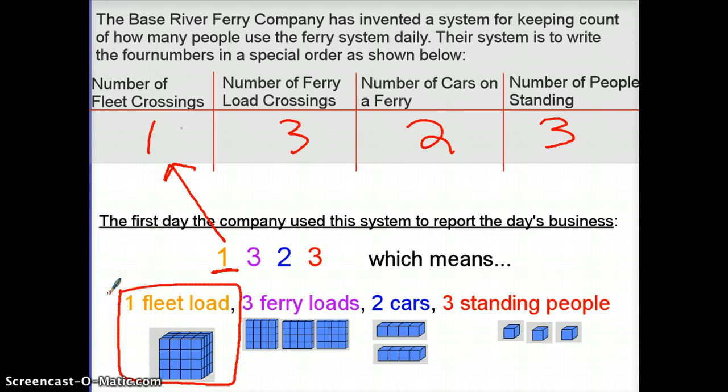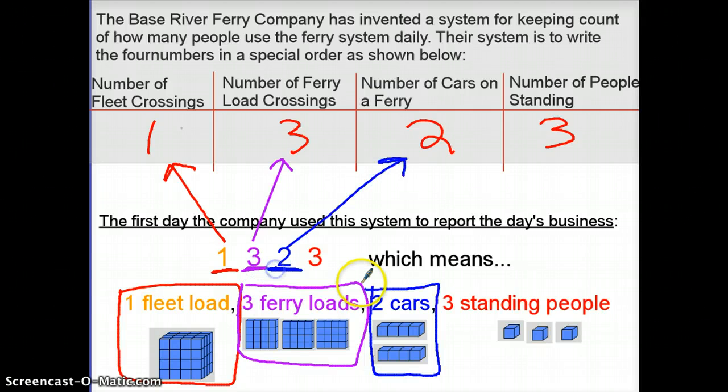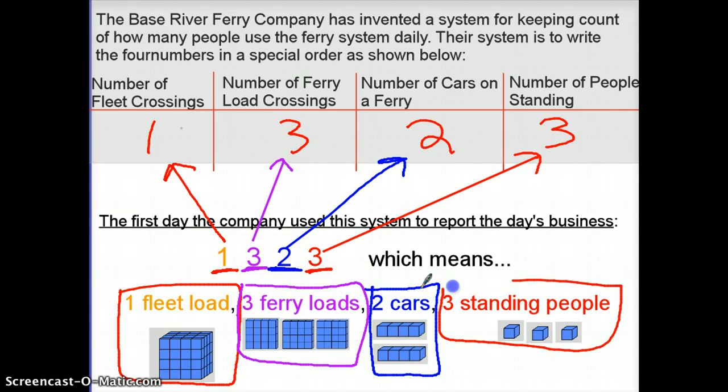The 3 in this position is the number of ferry loads that day, so there were 3 ferry load crossings. That means there were 2 cars that also crossed that day. And finally, the 3 in this position equates to the number of people standing, which are 3 extra standing people.